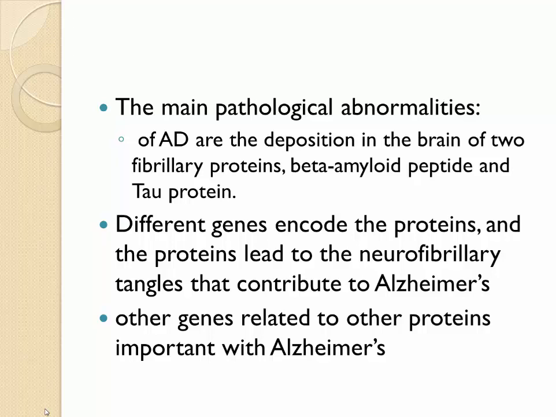Research has shown that there are many genes that encode for these proteins, and the protein that leads to the neurofibrillary tangles, which contribute to Alzheimer's disease. And there are other genes that are related to the development of Alzheimer's that are important as well.